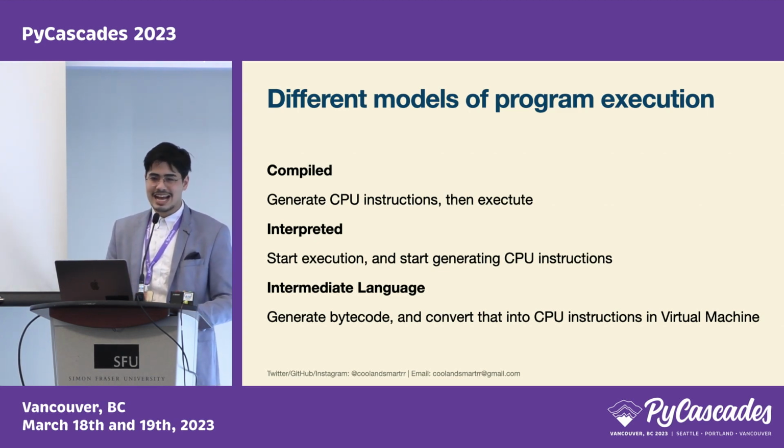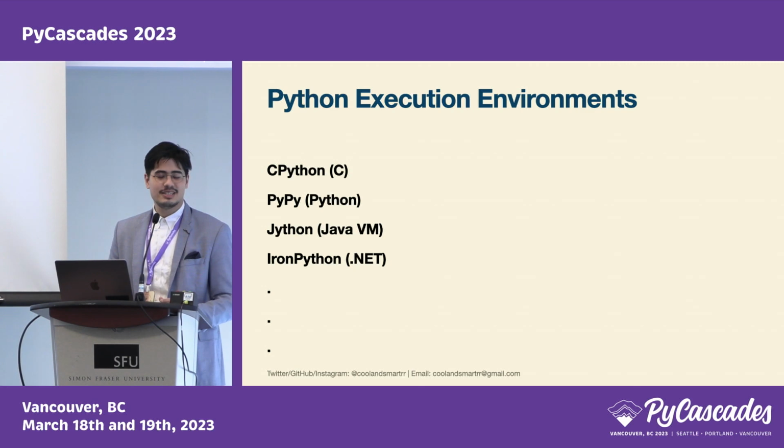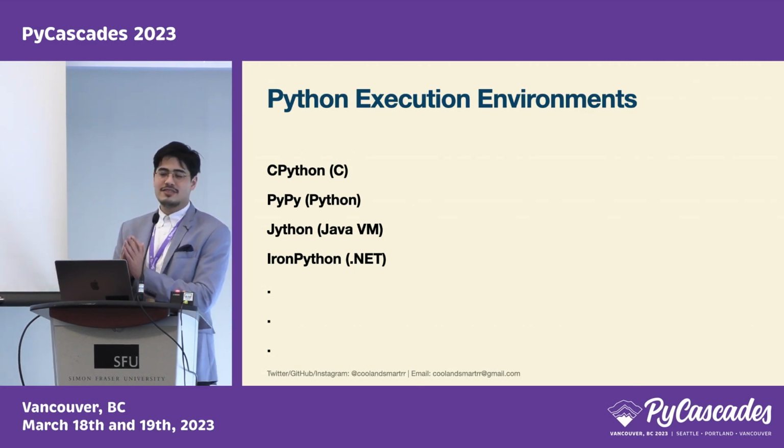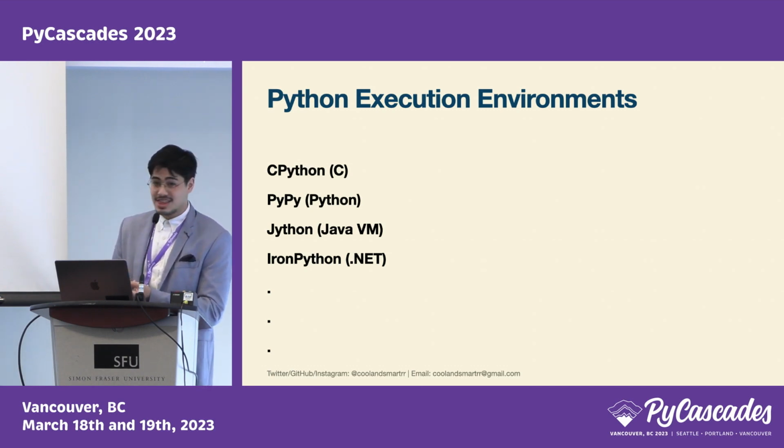And as a matter of fact, Python comes in many kinds of flavors. When we say Python, we might think of the standard CPython distribution, but Python is actually implemented in many ways, including the C language, Python itself in PyPy, Jython, which uses a Java virtual machine, and IronPython, which uses .NET.